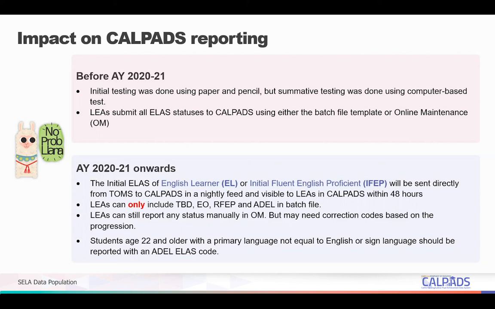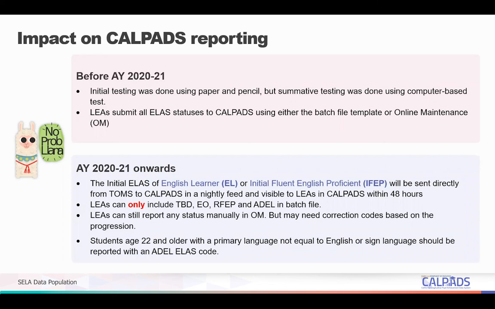LEAs can only include TBD, EO, RFEP, and ADEL in batch file uploads. However, LEAs can still report any status manually in online maintenance, and that includes EL and IFEP, but may need correction codes based on the SELA progression.